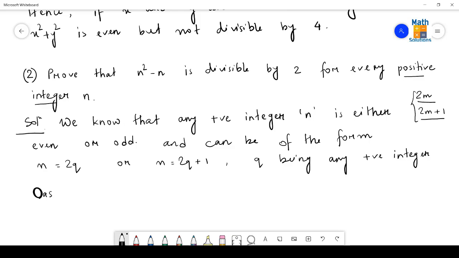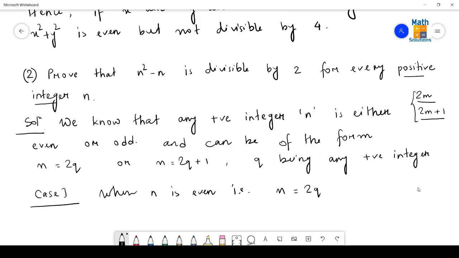So two cases will of course come here. This is case 1. For case 1, I can write: when n is even, that is n is equal to 2q.